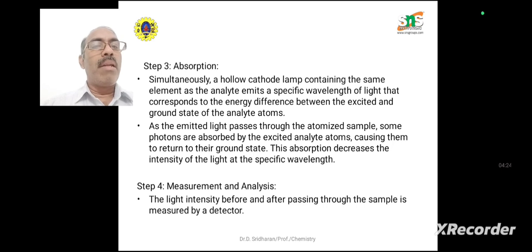As the emitted light passes through the atomized sample, some photons are absorbed by the excited analyte atoms, causing them to return to their ground state. This absorption decreases the intensity of the light at the specific wavelength.